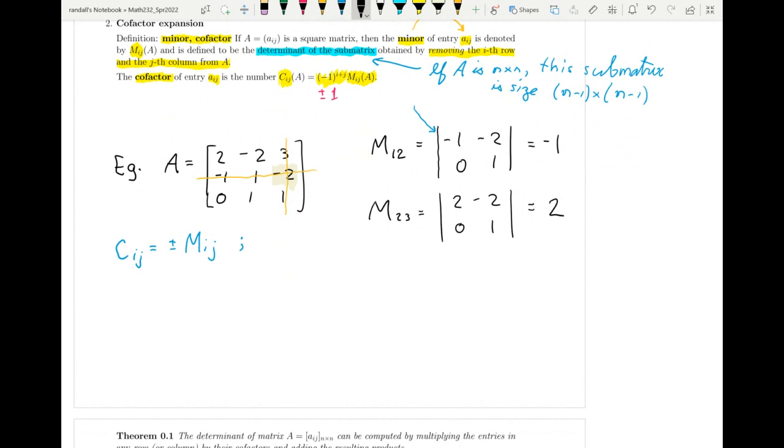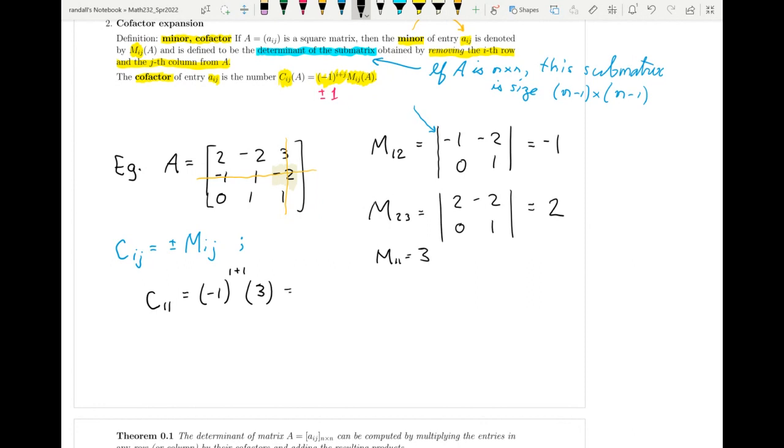C11, well, I'm going to start at the beginning. C11 is going to be, according to my formula, minus 1 to the power of the sum of the indices, so 1 plus 1, which is the power 2. M11 is 3, so I did that before.